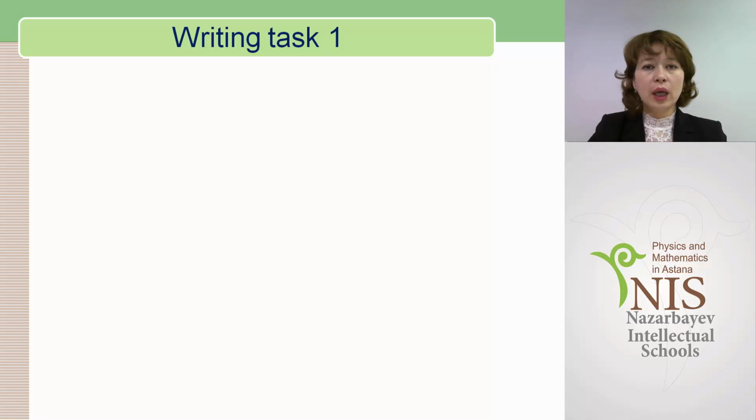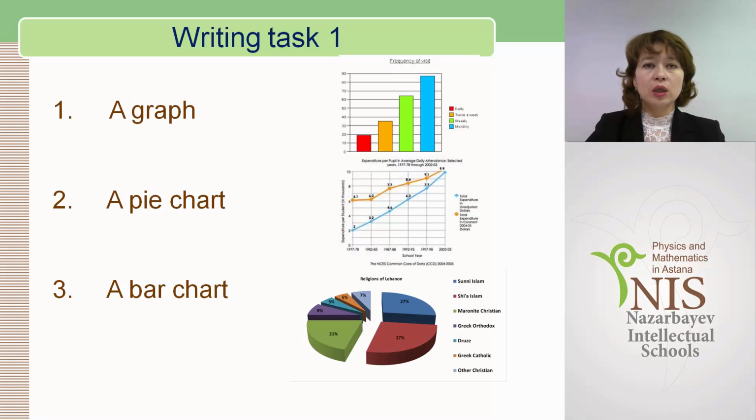So, what do we have for writing task 1? Usually, we are doing graphs, describing tables, or charts. So, to your attention, a graph, a pie chart, and a bar chart are presented.